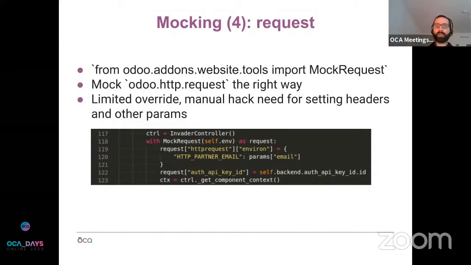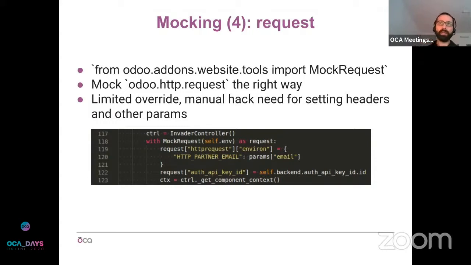So basically, you initialize your controller, you mock the request, and in this case, I had to set some particular headers, which you set in the HTTP request environ key. And also I had to set some special attribute on the request itself. And then I can call the method that relies on those parameters of the request.